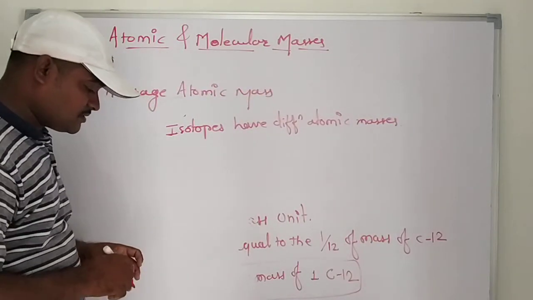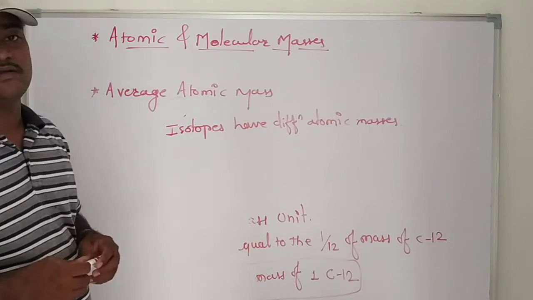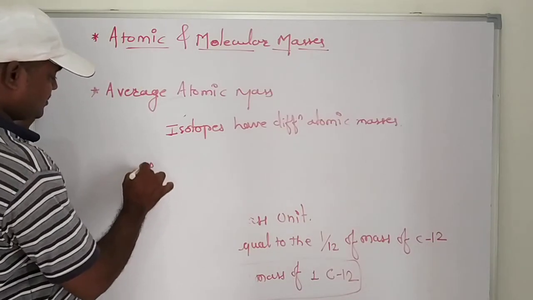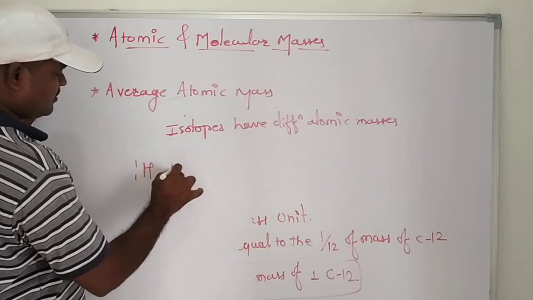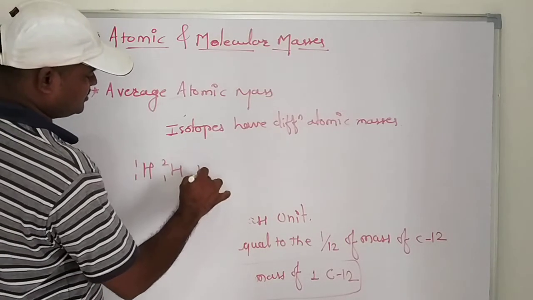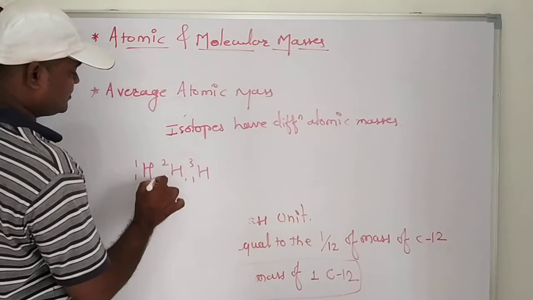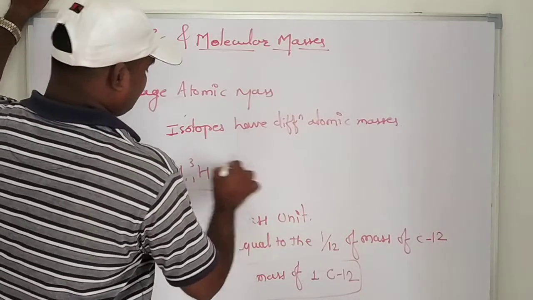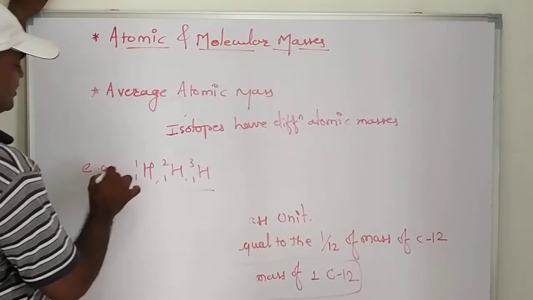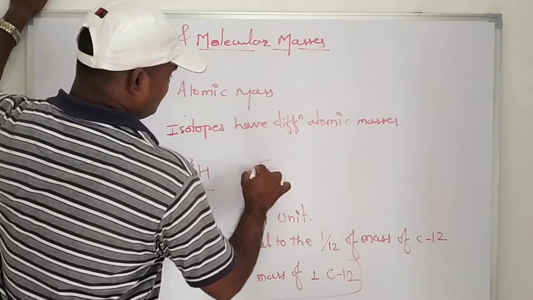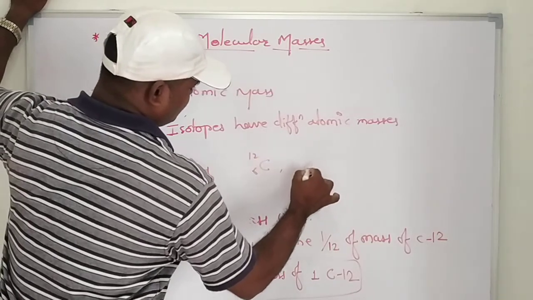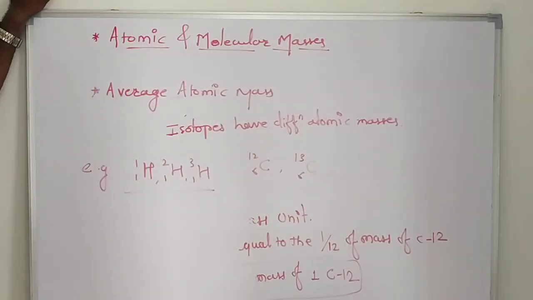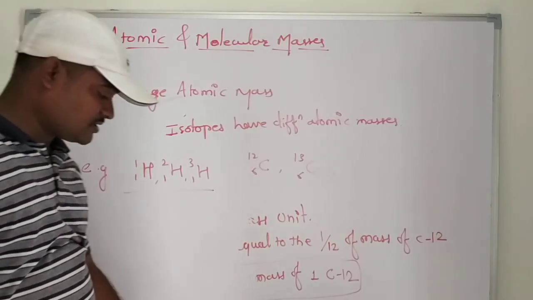For example, you can take hydrogen: H-1, H-2, H-3. These are the isotopes of each other. Like that, other examples are also there: carbon-12, carbon-13. Like that, there are so many isotopes present in nature.